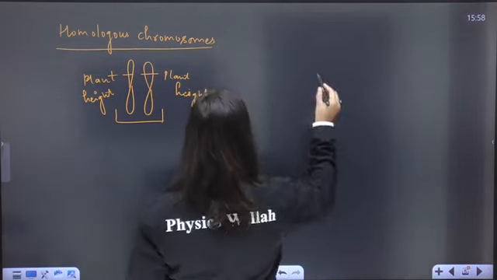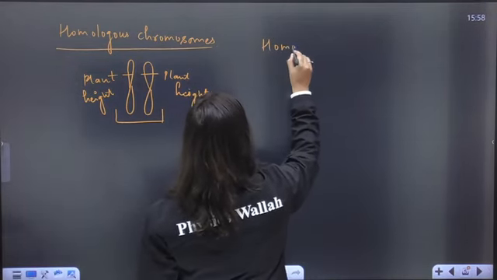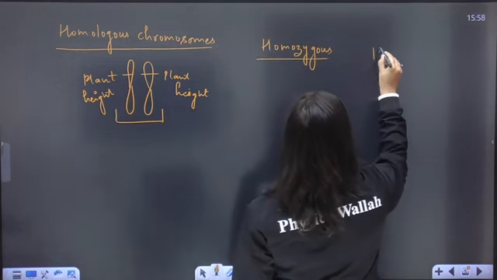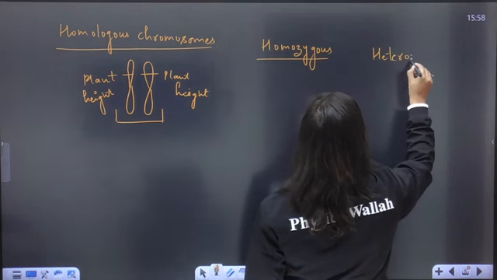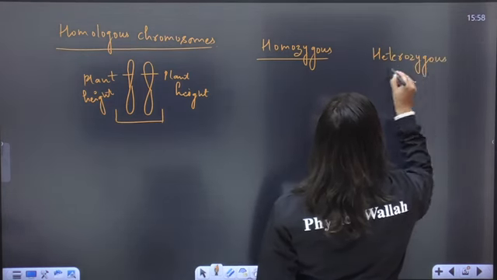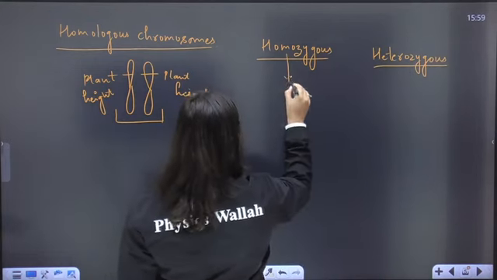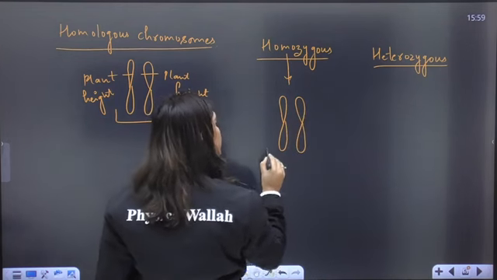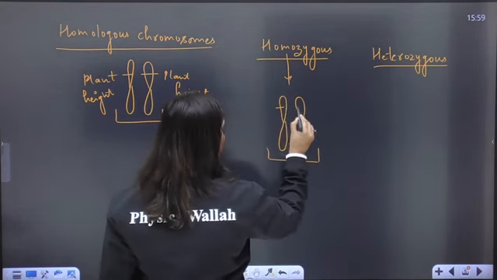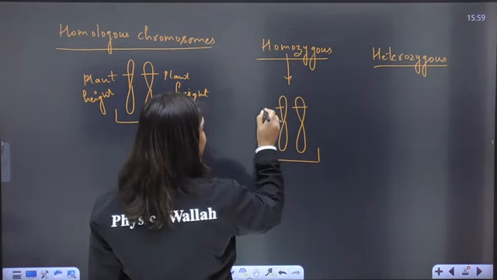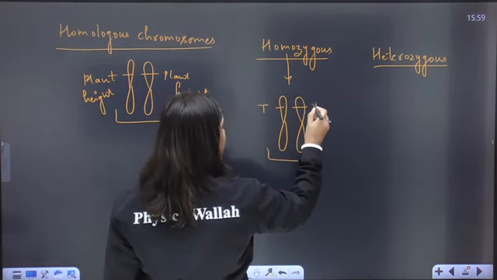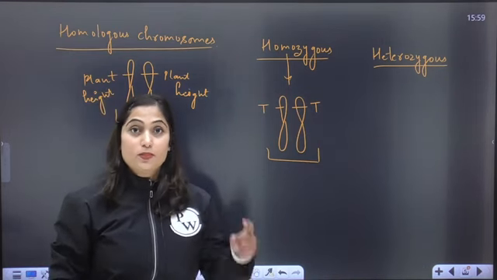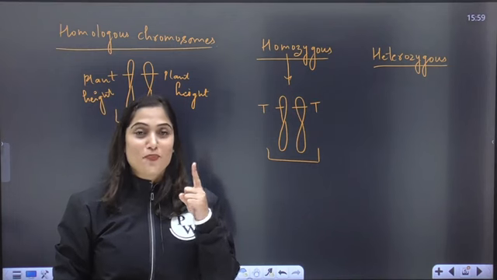Now, let us understand the concept of homozygosity and heterozygosity. In the homozygous condition, the two forms of the same gene are similar. Understand, beta, that in a diploid organism, a single gene occurs in pairs.